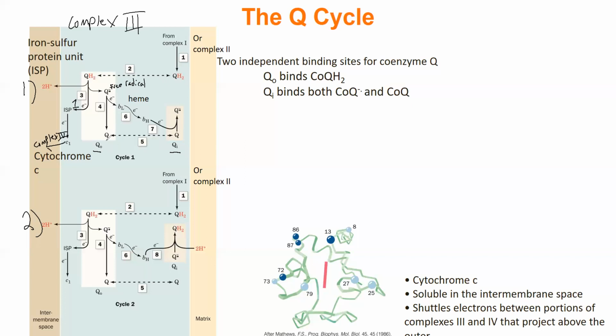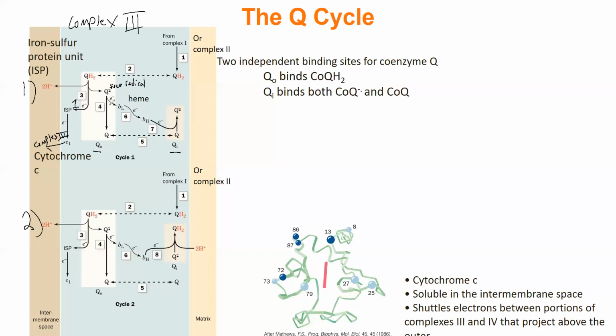If you're Q, you can either be in QO or QI, but you're most likely going to be in QI. Once you lose that electron, you're going to go over to this QI. And these QO and QI are just places on complex 3. They're physical locations in complex 3 where we're binding these Q.